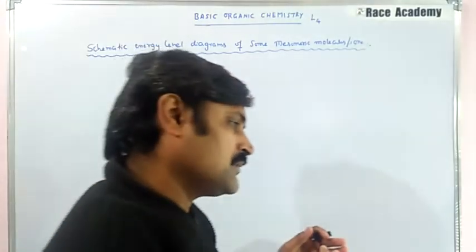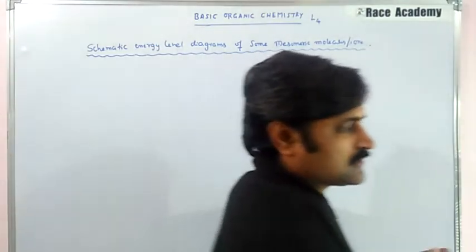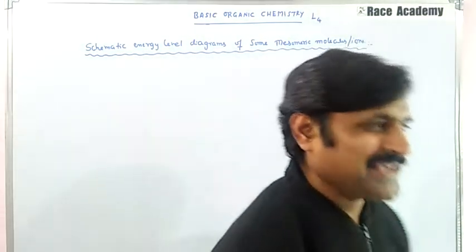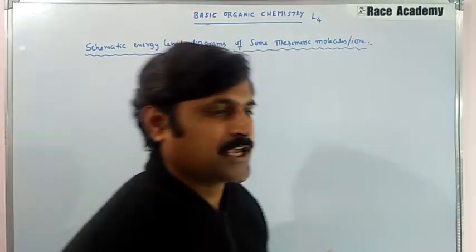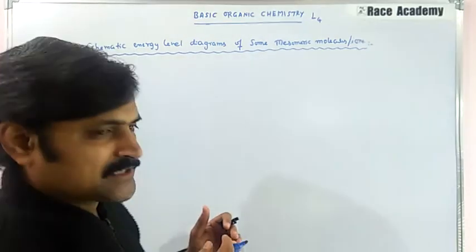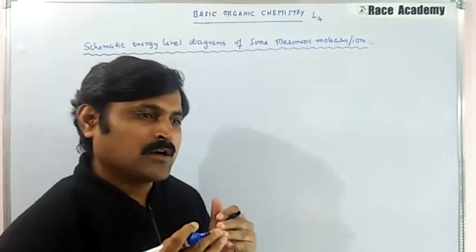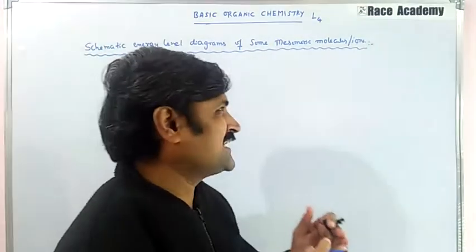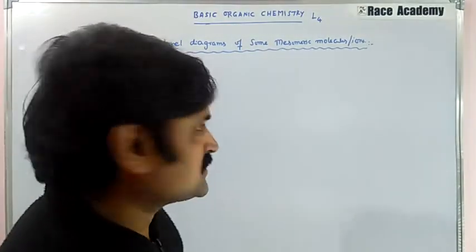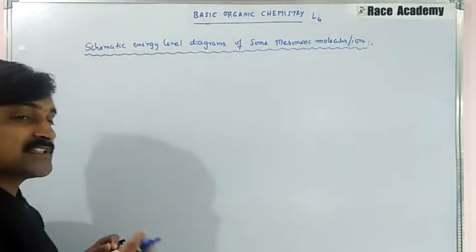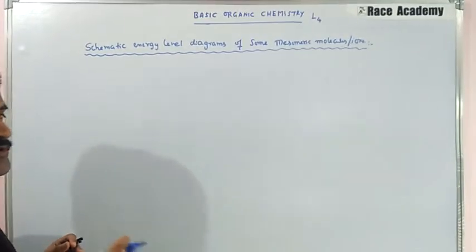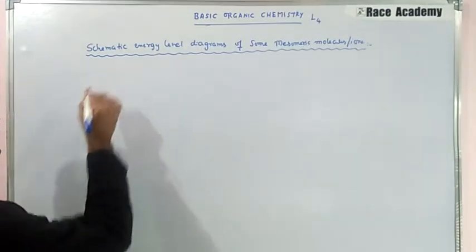Suppose the energies of particular contributing structures are equal. In such a case, we call them two equivalent resonating structures or three equivalent resonating structures, and so on. We will write the resonating structures and also give the graphical representation of their energies.